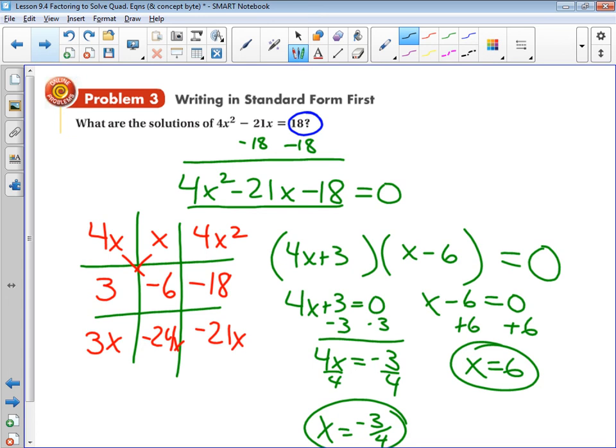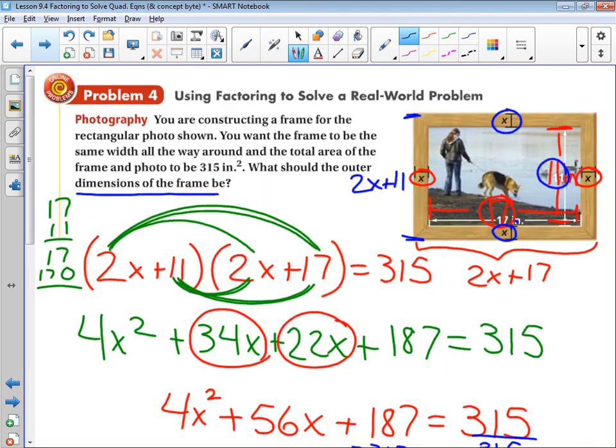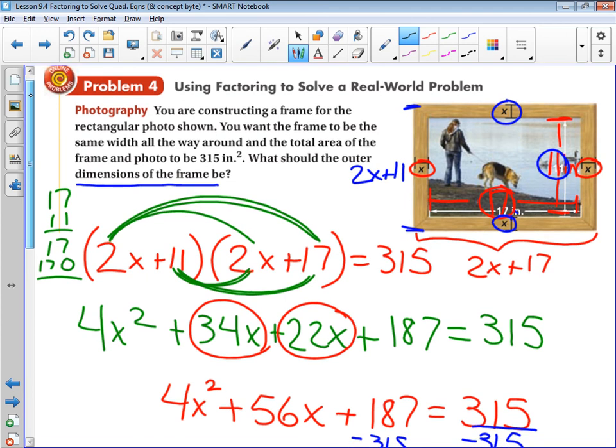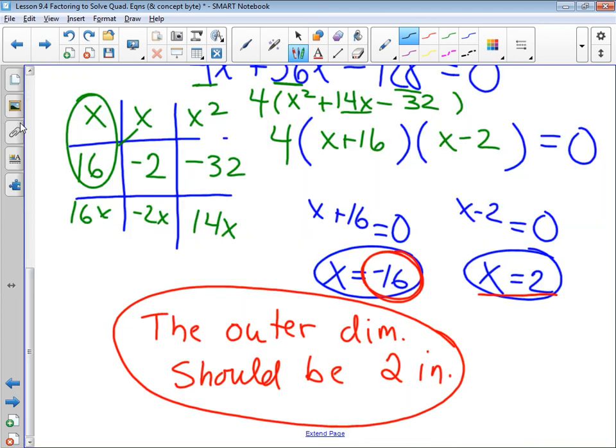Sometimes you'll get an equation that's not set equal to 0, so your first step has to be to get it equal to 0, like we did in this example. And then finally, you can use the same principles in story problems like this one to figure out how big your frame should be.